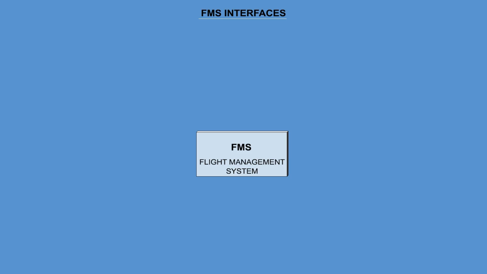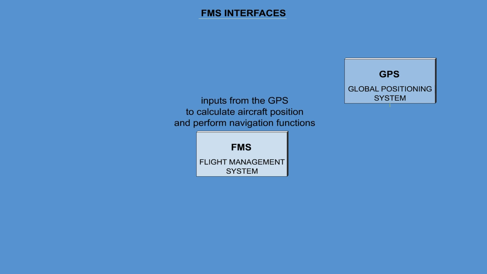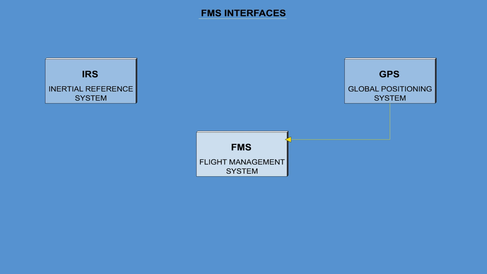The FMS interfaces with the following systems and equipment. GPS. The FMS uses inputs from the GPS to calculate aircraft position and perform navigation functions. IRS. The FMS uses inputs from the IRS to obtain aircraft position and perform navigation functions.